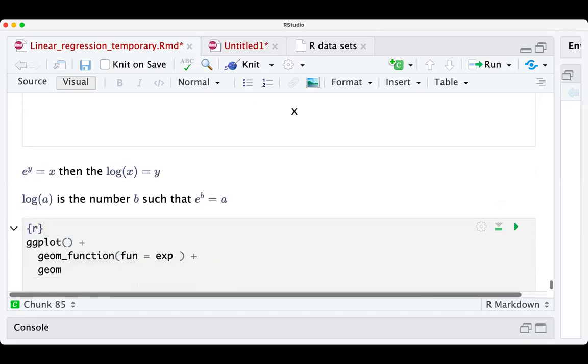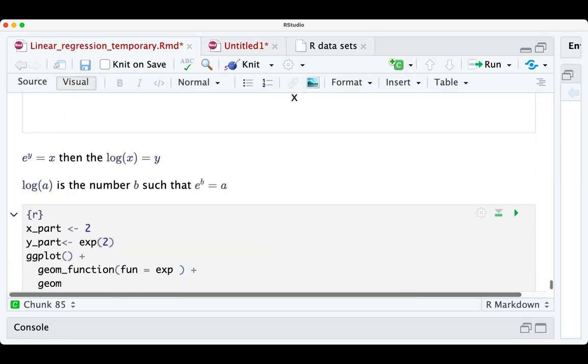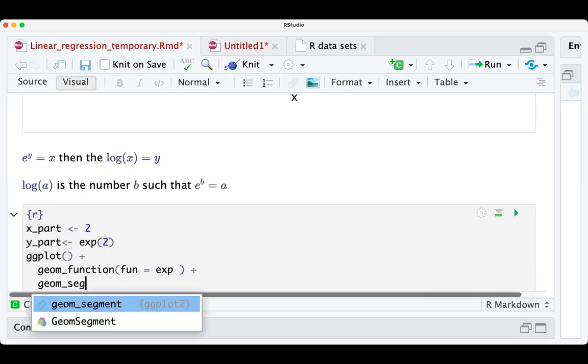Let me take a particular x, like 2, and a particular y, which is the exponential of 2. And let me plot this exponential function with some segments.